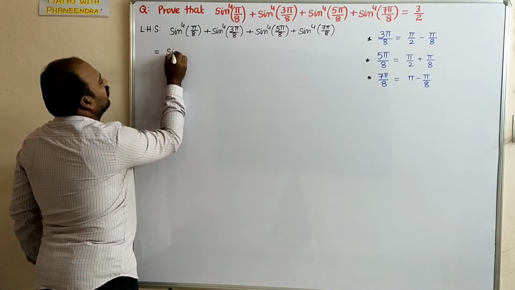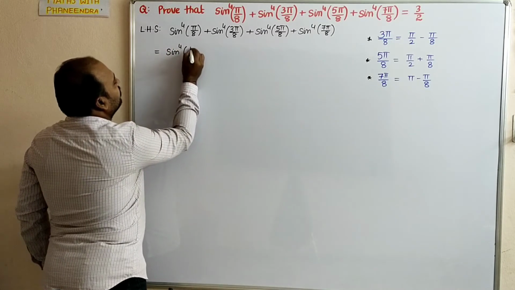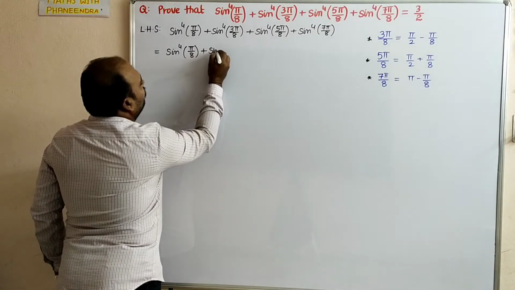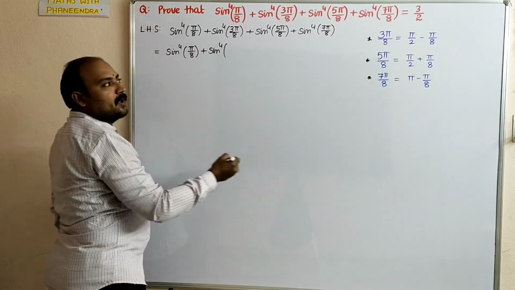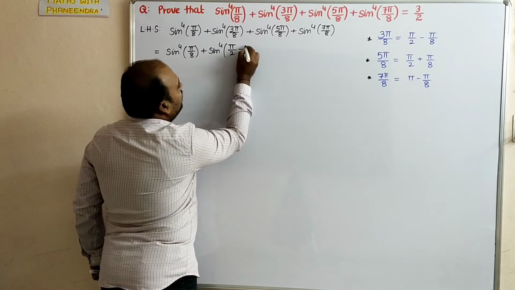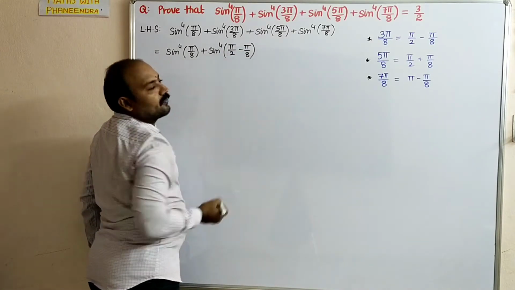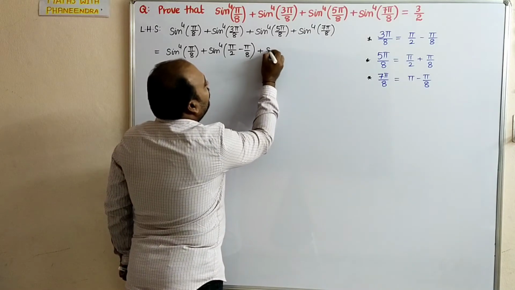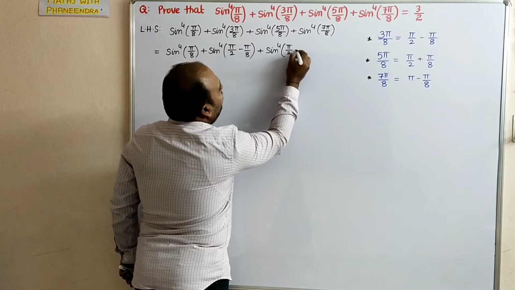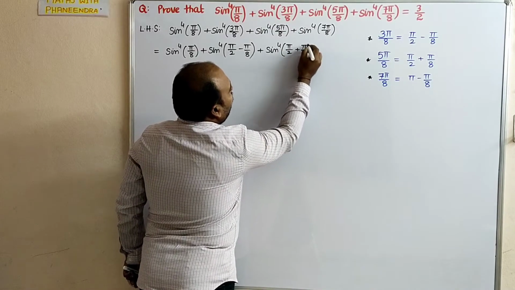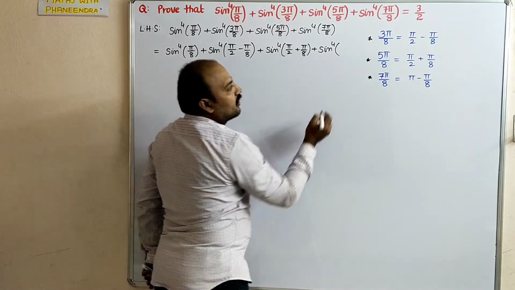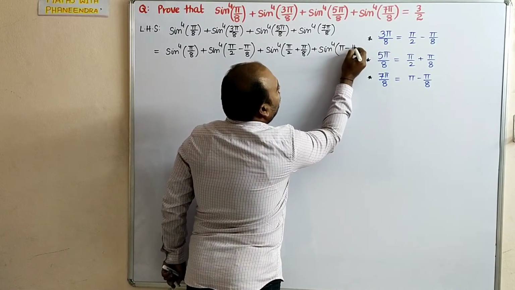Sine power 4 of pi by 8 plus sine power 4 of, in place of 3 pi by 8, you have to write pi by 2 minus pi by 8, plus sine power 4 of pi by 2 plus pi by 8, plus sine power 4 of pi minus pi by 8.